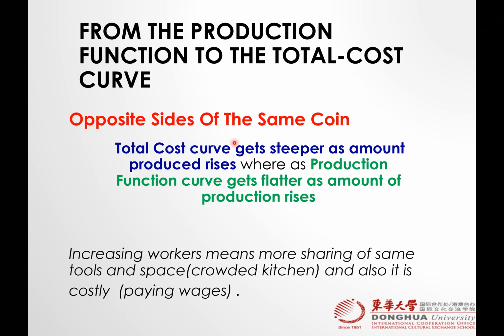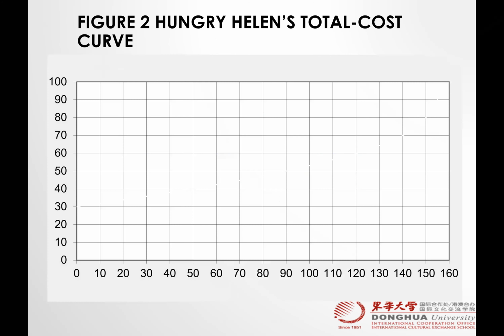So why does the production function get flatter as the amount of production rises? We already talked about that, but let's do it again. The reason is that increasing workers means more sharing of the same tools and space. So it is also costly, because workers get the same per hour salary, but they are sharing the same capital or the same tools. That's why production is getting slower. So, opposite sides of the same coin.